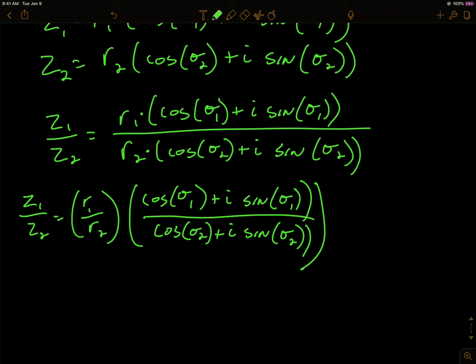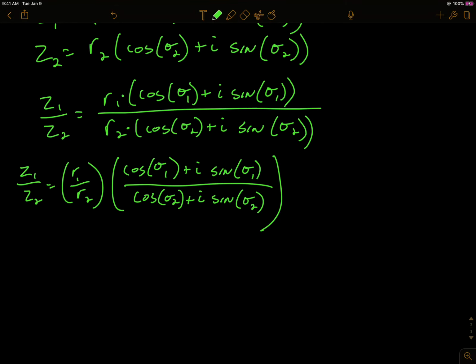There we go. So, wait, I have too many parentheses there. All right, so how do we divide these from here? Well, we can't really do any division here with this stuff. Okay, because of the addition here, we can't actually divide anything.